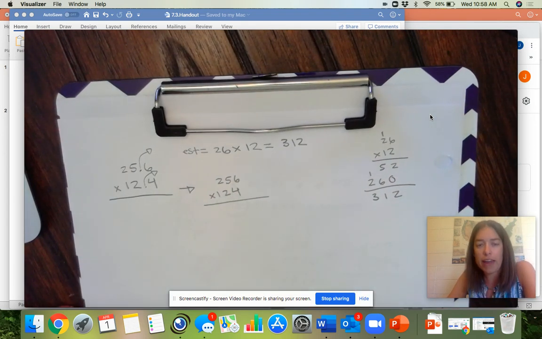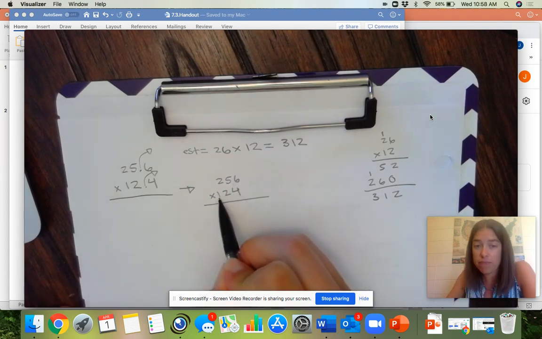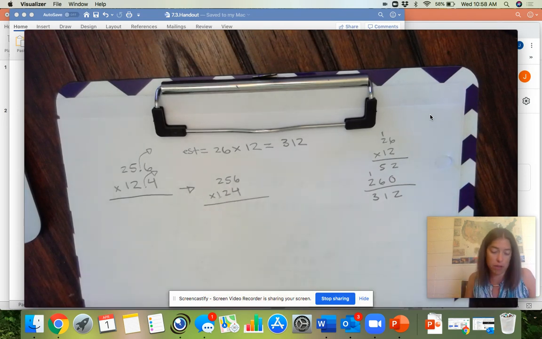All right, go ahead and solve. I want you to try this on your own. Don't forget, when we get to the 100, we need to add those 2 zeros as placeholders for the 2 zeros in 100. Go ahead and multiply on your own, and then we'll come back and check it.